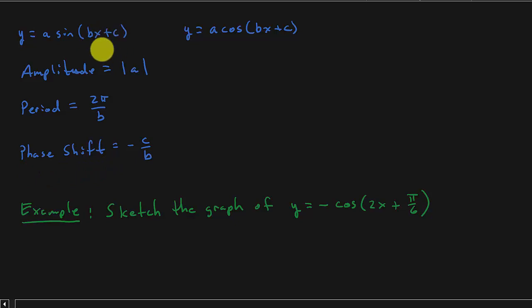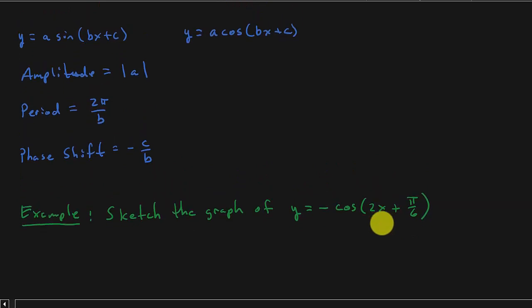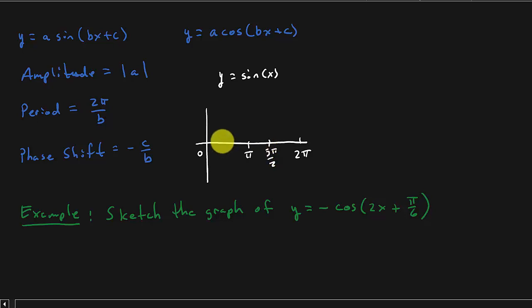All right, so let's sketch the graph. And remember, if you have y equals sine x, then that graph is going to look like this. Pi, 3 pi over 2 here. I know it doesn't look like it, I'm writing small. And so we know that graph is going to look like that.